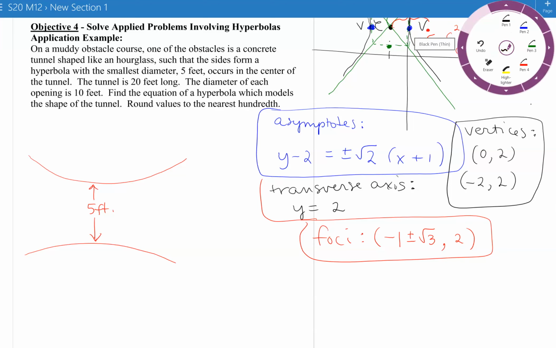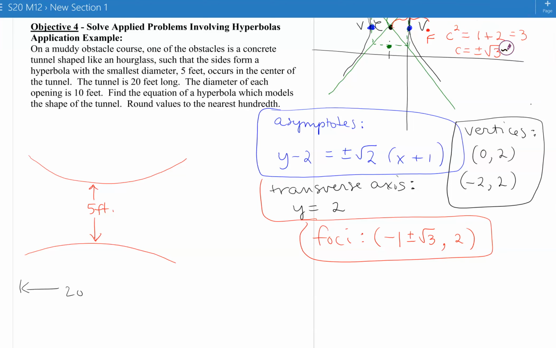The tunnel is 20 feet long. And the diameter of each opening is 10 feet. Okay, and we get to decide where to put the origin. So let's put the origin at the center.